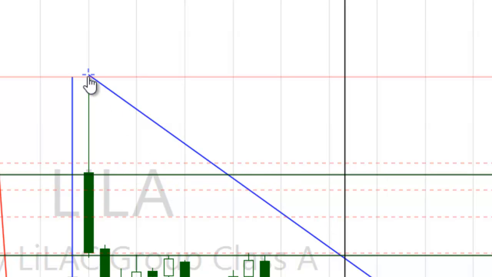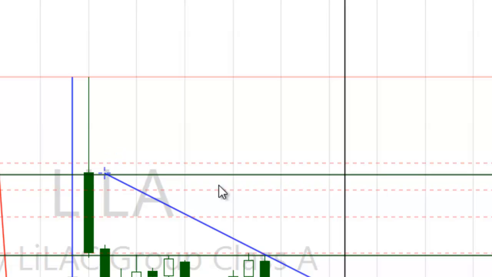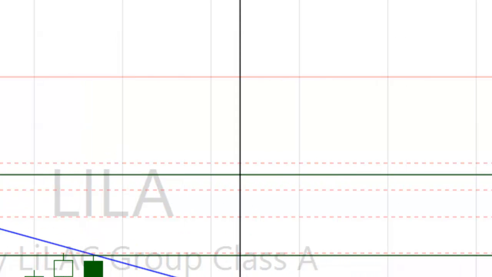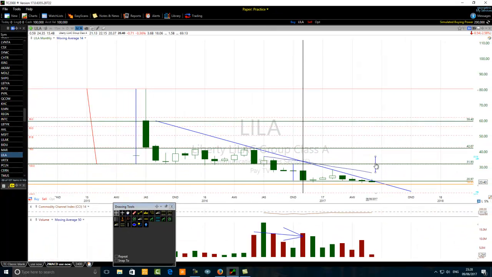Oh, I don't want to use that, it's not useful to me. So I connect the high of this candlestick bar and the high of this one here. So I have a bearish trend line.